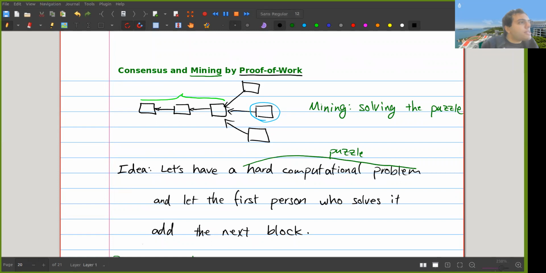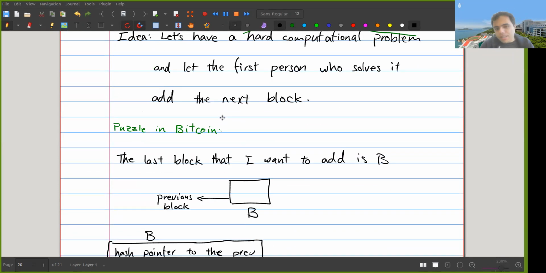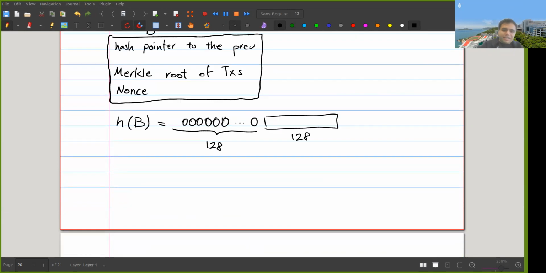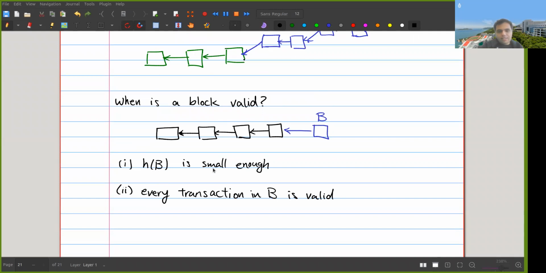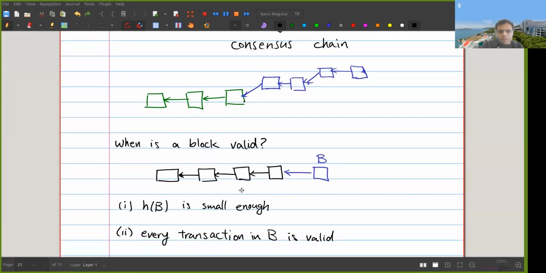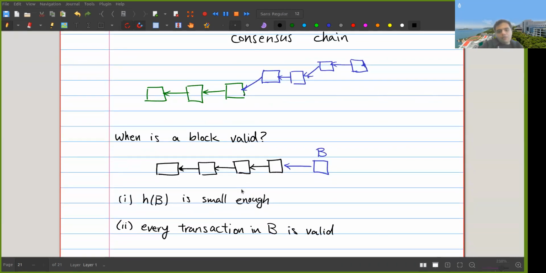Someone else asks, is valid and mined the same thing? Well, you can define it as you like, but the way I define valid is this: it should solve the proof of work problem, it should solve the puzzle, and every transaction in it should also be valid. But generally, you can mine an invalid block, right?